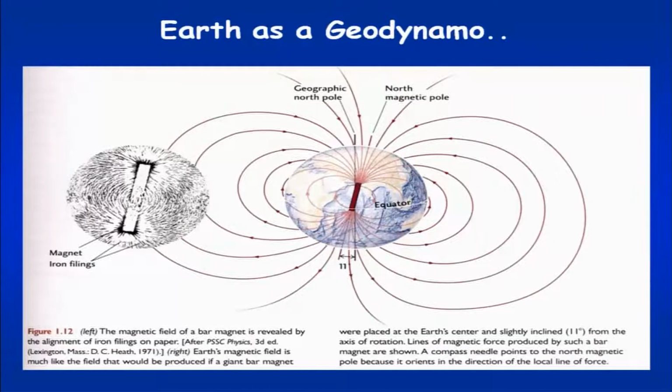Now, a very important portion we can talk about here is the earth as a geodynamo. Which layer of the interior of the earth is responsible for providing the magnetism, acting as a geodynamo which keeps generating convection currents? So, this is very important.